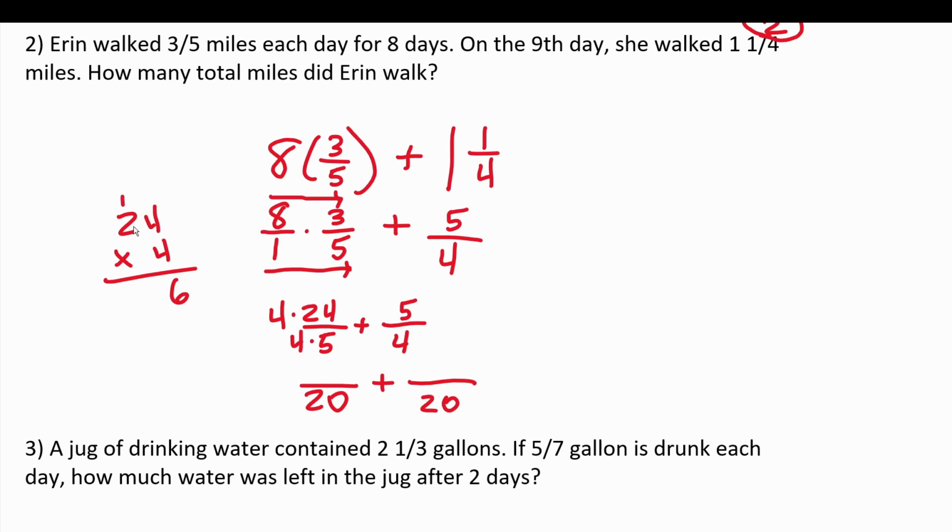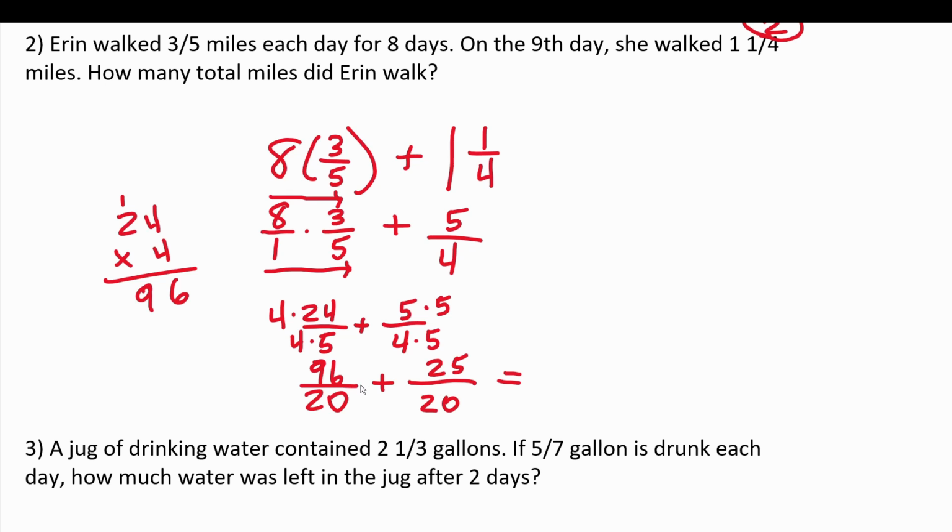We're going to carry a 1. 2 times 4 is 8, plus 1 is 9. So this becomes 96/20 plus, and let's convert this 5/4 to have a denominator of 20. We're going to multiply 4 by 5 and 5 by 5. 4 times 5 is 20. 5 times 5 is 25.